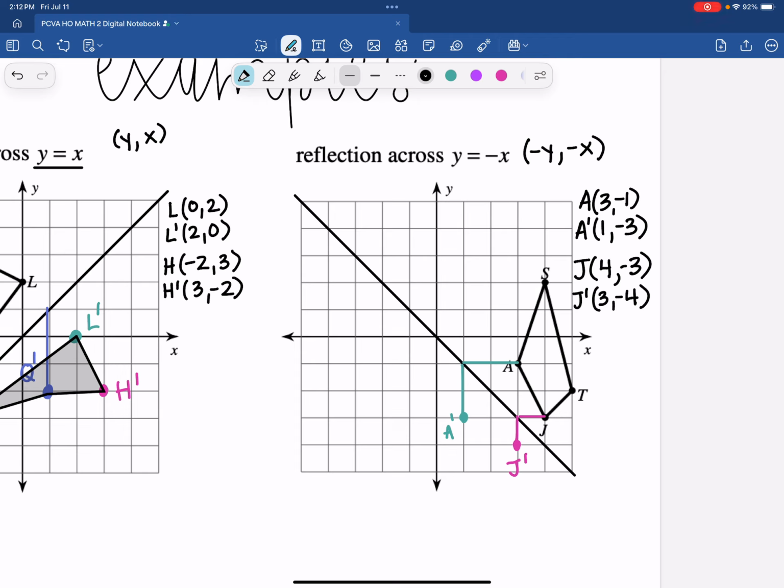So then we have T. T is located at 5, -2. So T prime is going to be located at 2, -5. All right, so we're going to go to +2 and -5. So that's T prime. And then finally we have S. S is located at 4, positive 2.